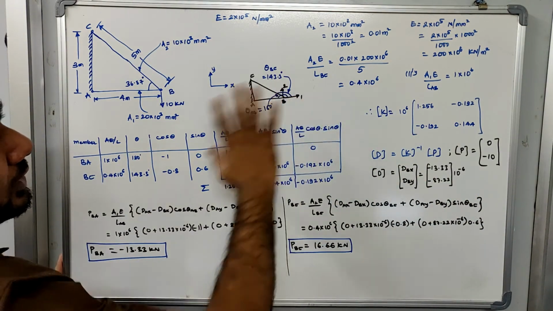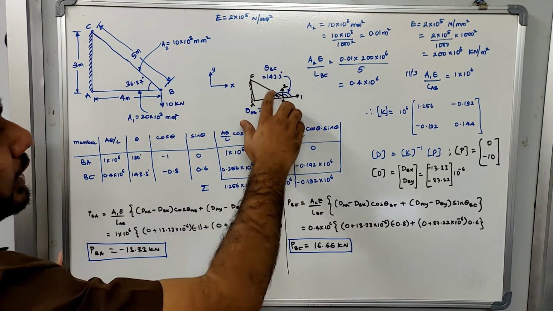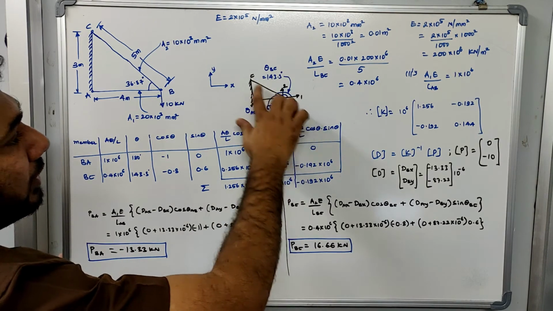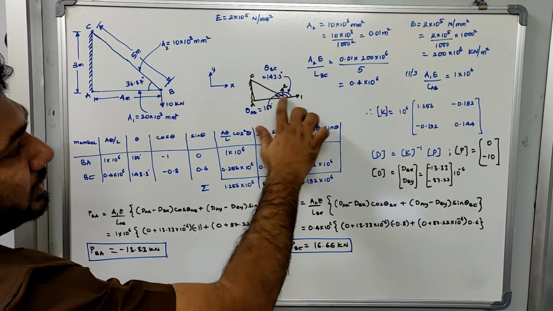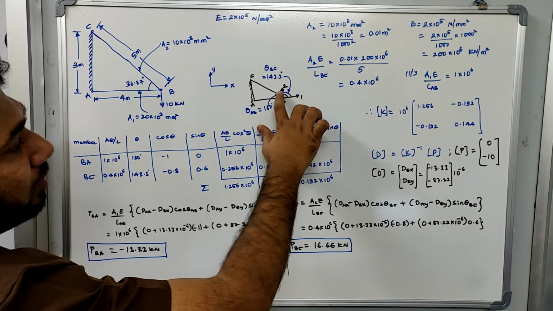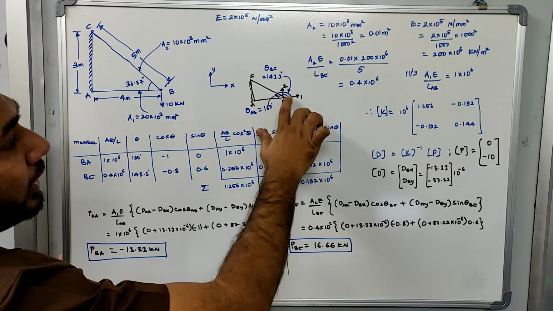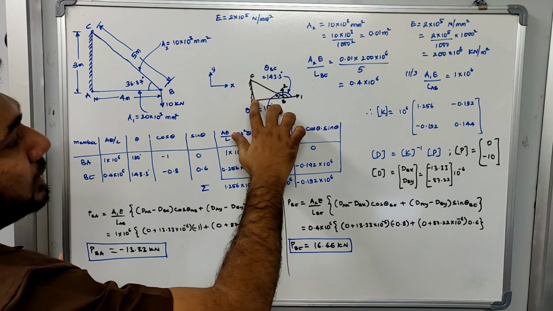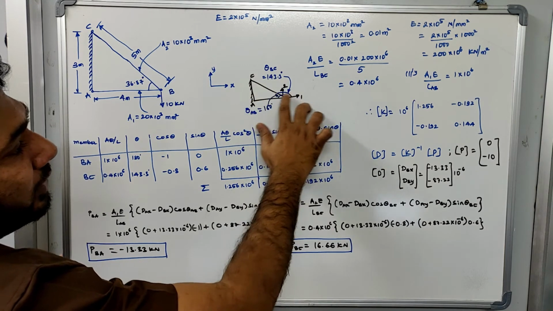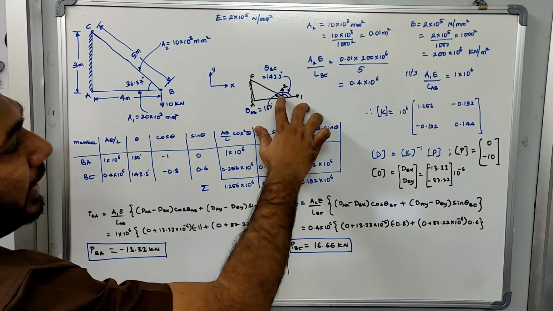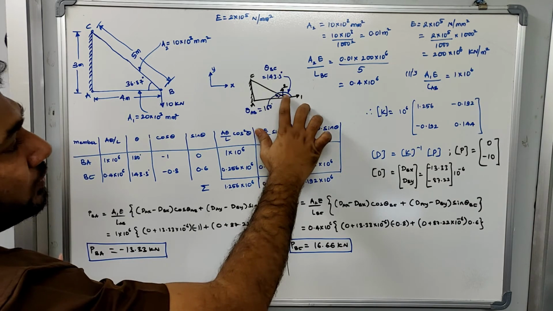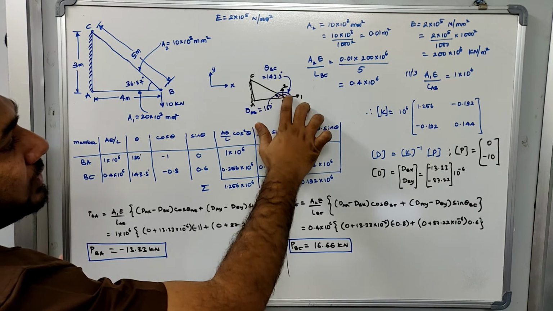Now first let us identify what the theta angle is. This is your member BC. With respect to X direction, this is my X direction, I am trying to measure how much my angle is. This is our theta. Now with respect to BA, and this is our X direction, I will measure the angle here, which is 180 degrees, which we already know. Now let us identify this angle.